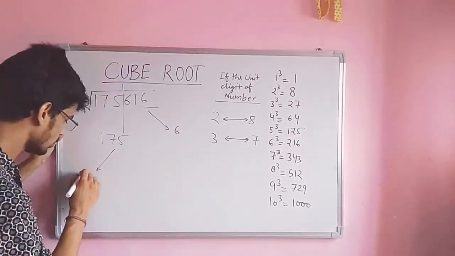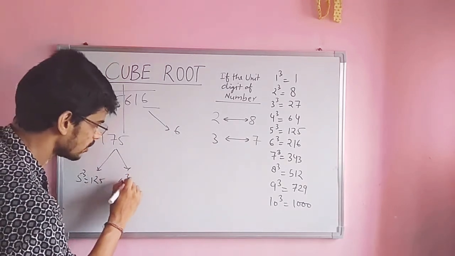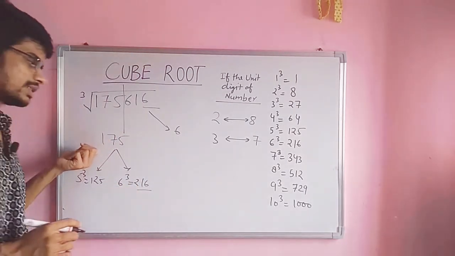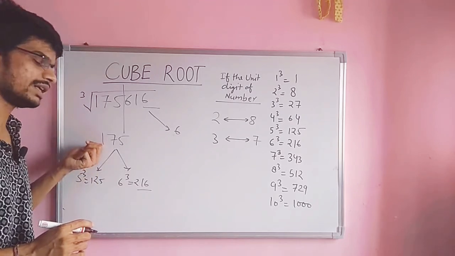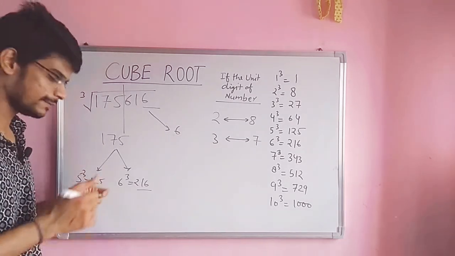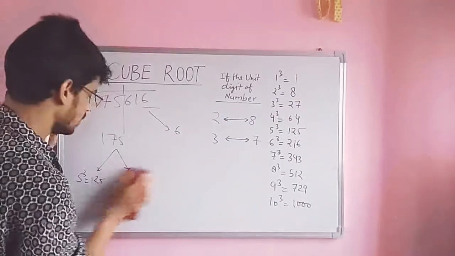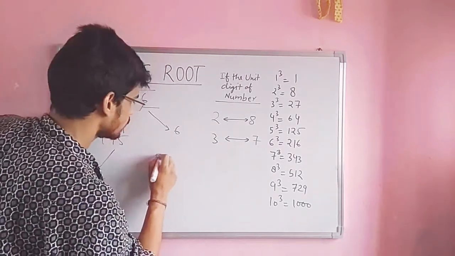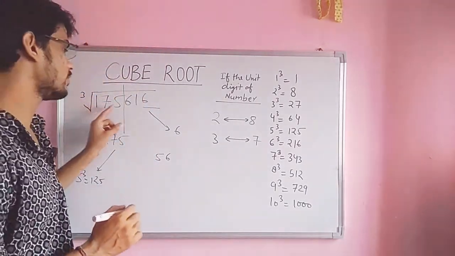So 5's cube is how much? 125. 6's cube is how much? 216. 216 is greater than 175, and 125 is lesser than 175. Take the lesser value from here, so we leave this value, and 5 is taken.